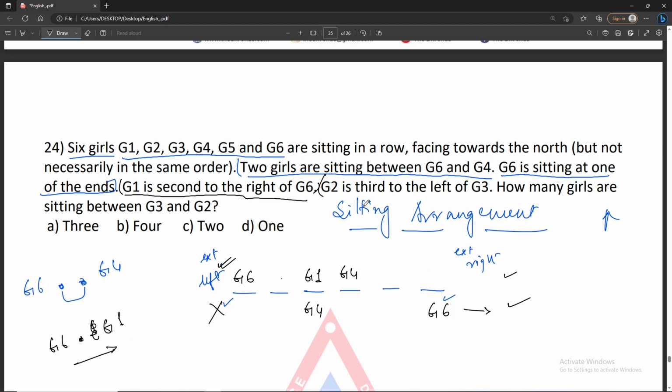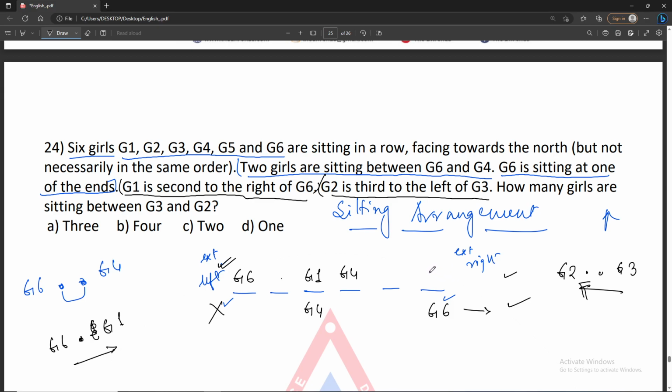Now the next line states G2 is third to the left of G3. That means we have two persons sitting between G2 and G3. If we put G2 over here, we cannot have G3.